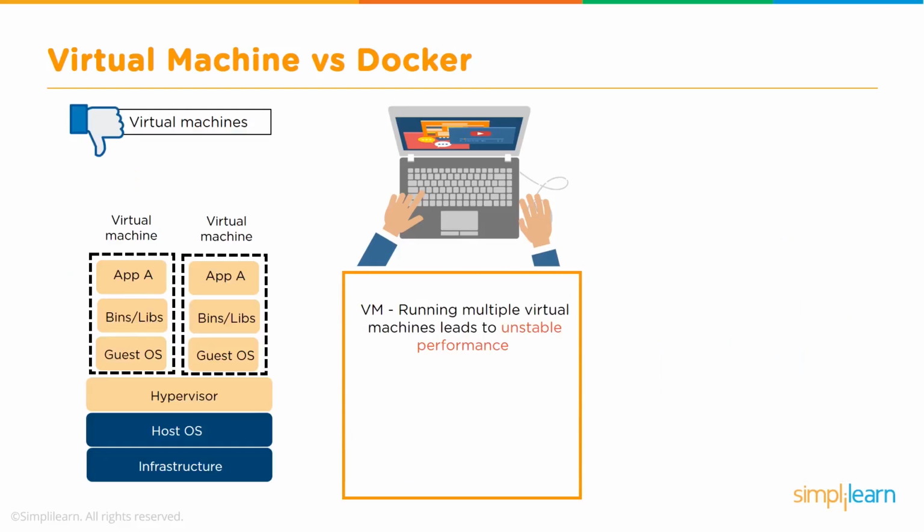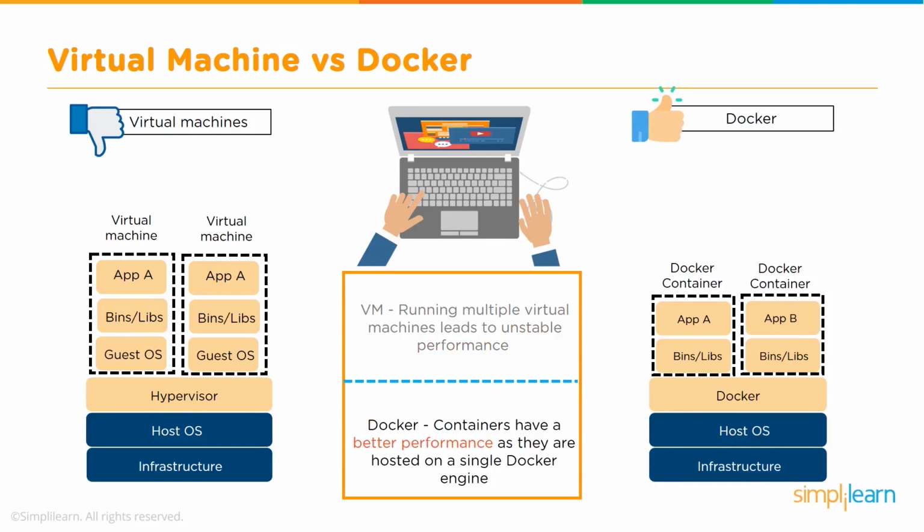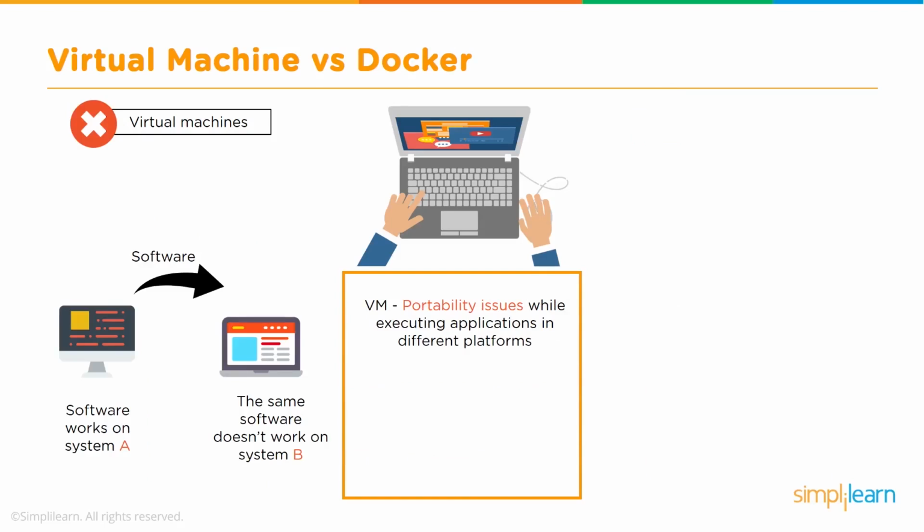Another challenge is that running multiple virtual machines in a single environment can lead to instability and performance issues, whereas Docker is designed to run multiple containers in the same environment and actually gets better the more containers you run in that hosted single Docker engine. Portability issues with a virtual machine: the software can work on one machine, but then when you move that VM to another machine, suddenly some of the software won't work because some dependencies haven't been inherited correctly.